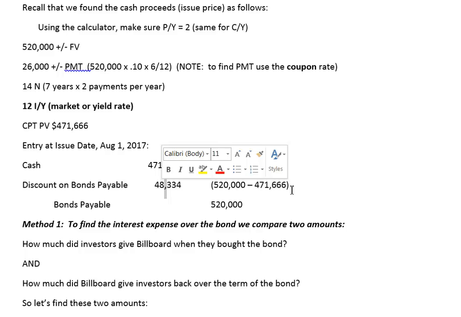So when we set it up, we debit it. And that discount is the difference between the face value of the bond and the cash proceeds at the issue date. And that's $48,334. And the credit is going to go to bonds payable. Okay, and that's your liability if you're Billboard, and your liability is $520,000.